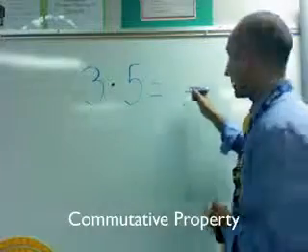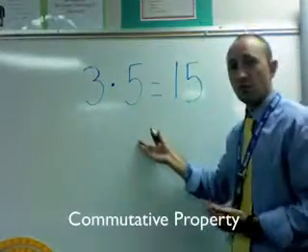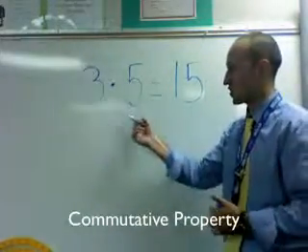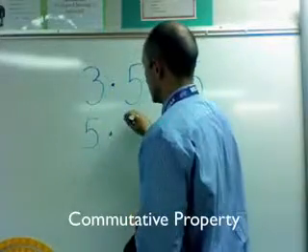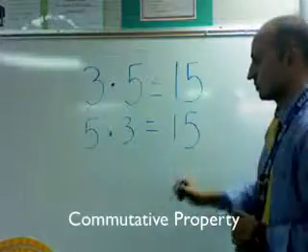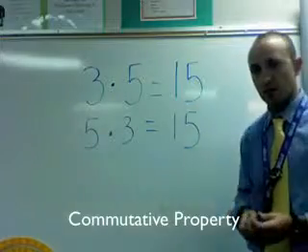We know that that's 15. Now commutative property of multiplication would be similar to addition, where we just switch these numbers. Let's make it now, say, 5 times 3, which is also 15. The numbers have changed places, but we still have the same answer.